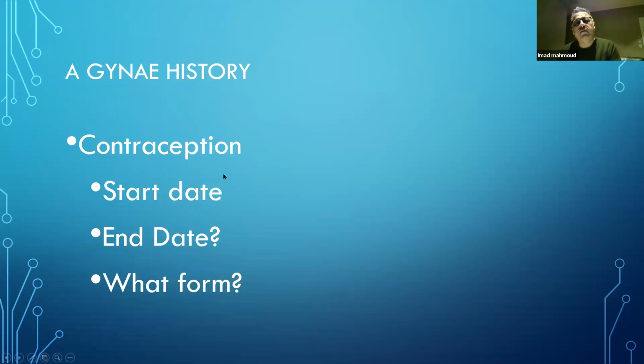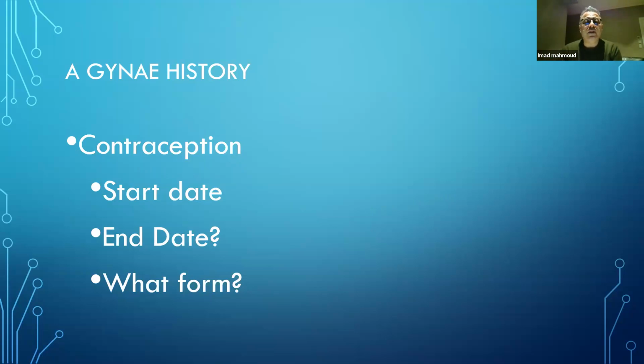If they're young, premenopausal, you always think about gynecology as premenopausal and postmenopausal, because premenopausal problems are usually different from postmenopausal problems. So if they are on the oral contraceptive pill, when did they start taking it?